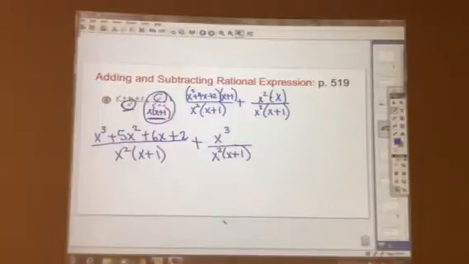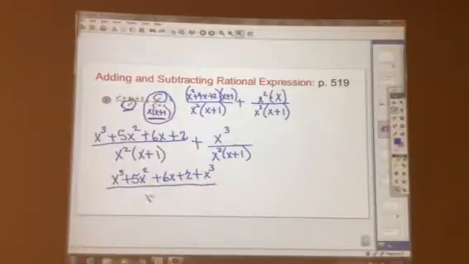Once I've done that, then I can combine the fractions over just the common denominator. So I would say x cubed plus 5x squared plus 6x plus 2 plus x cubed all over x squared parentheses x plus 1. Now if I have any like terms, I need to go ahead and add those up.